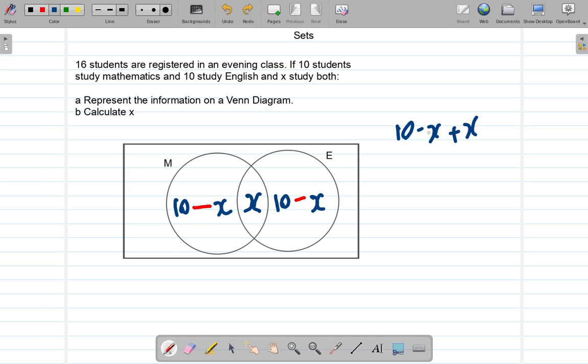Negative X plus X is 0. This is gone. So it's just 10. Whatever X is, this is always just 10. And the same thing applies to the English. Alright? So that would be your Venn diagram.